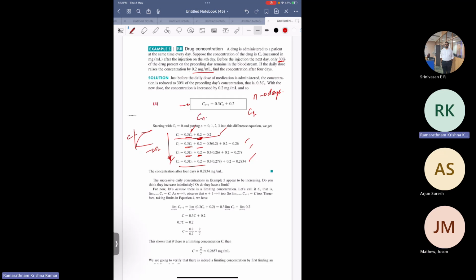So Cn plus 1 is equal to 0.3 Cn plus 0.2. That's the equation. So asymptotically reaching a value of C means what?